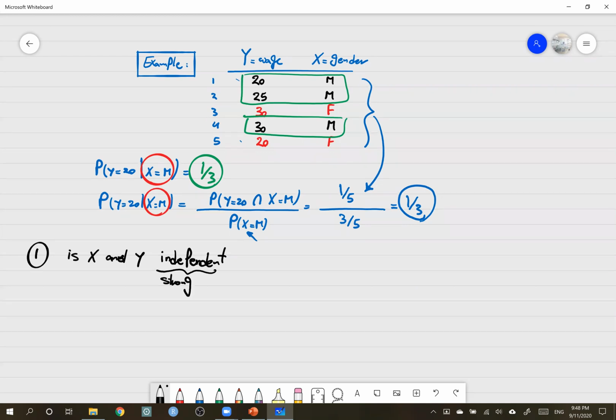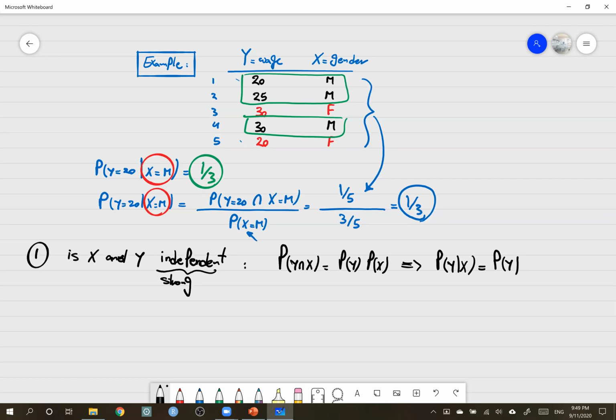So what was the definition of strong independence? Mathematically, it was if the probability of y intersect x is equal to the probability of y multiplied by the probability of x. Or in other words, the probability of y given x, conditional on x, has nothing to do with the value of x and is exactly equal to the probability of y.